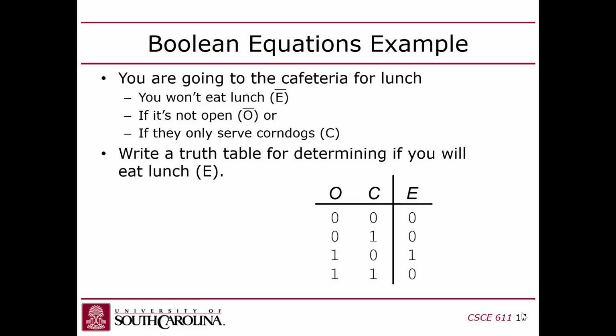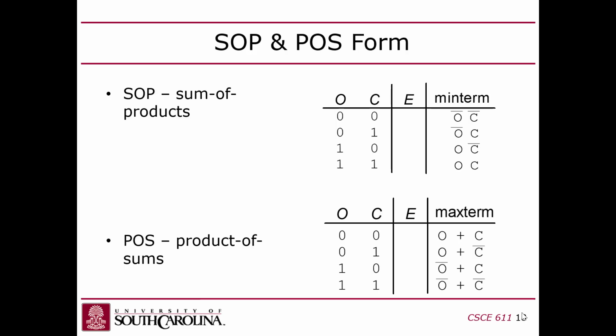If it's not open, that takes care of these two rows, because if O is 0, then I'm not going to eat lunch. And if they only serve corn dogs, if C is 1, which is this row, then we're not going to eat lunch. The only way we're eating lunch is if it's open and they're not only serving corn dogs. Make sense? Okay.